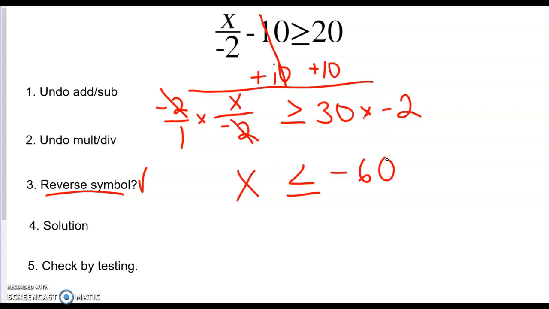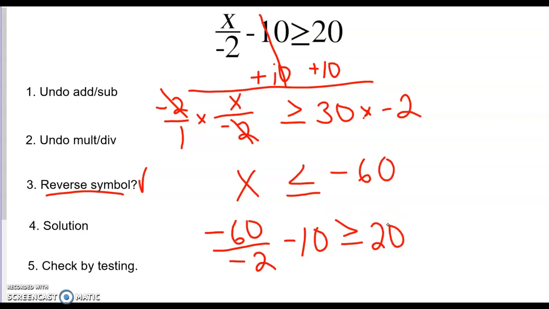Okay, so my statement says that x can be anything less than or equal to negative 60. Well, if that's true, I'm going to choose negative 60 and try it to test my answer. So I'm going to put negative 60, going back to my original, divided by negative 2, minus 10 should be greater than or equal to 20. All right, let's see.